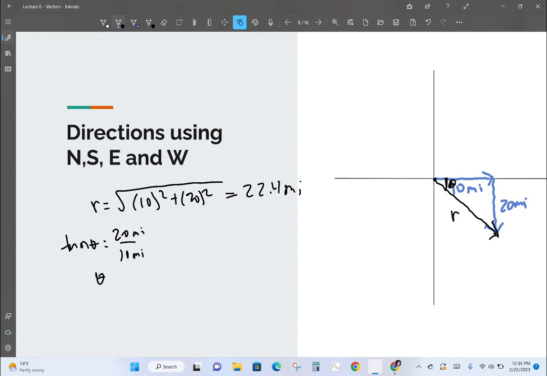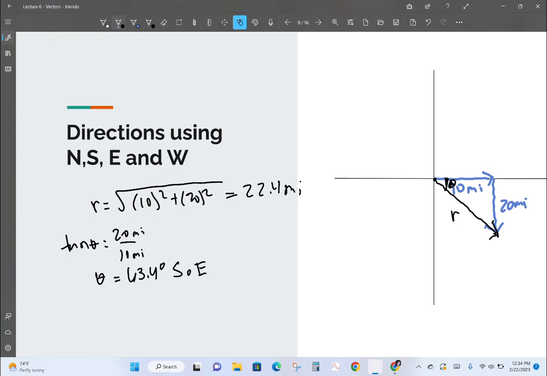And if I take the inverse tan of 20 divided by 10, I get 63.4 degrees. Now, how would I describe that? Well, do you see that that angle is below the east axis? So that means that it is south of east.